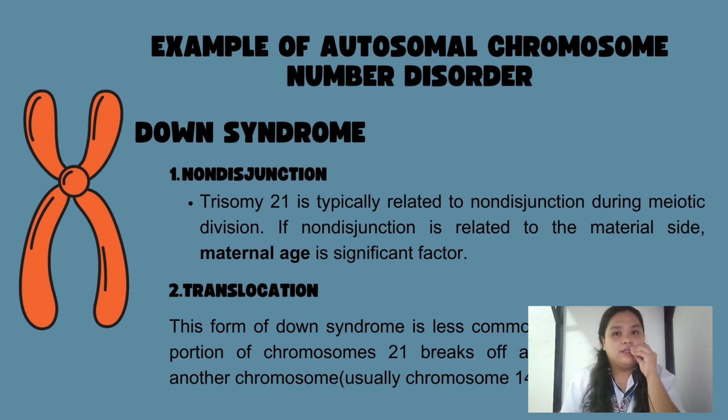That parent will actually have 45 total chromosomes in each cell of the body, but the parent will be healthy. This is because that parent still has only 2 copies of each chromosome, but 2 of these chromosomes are attached to each other.